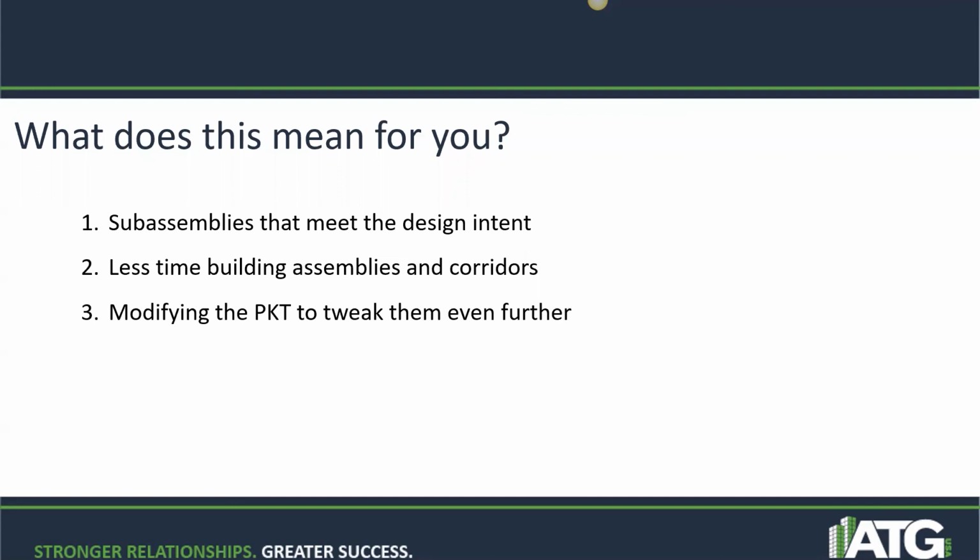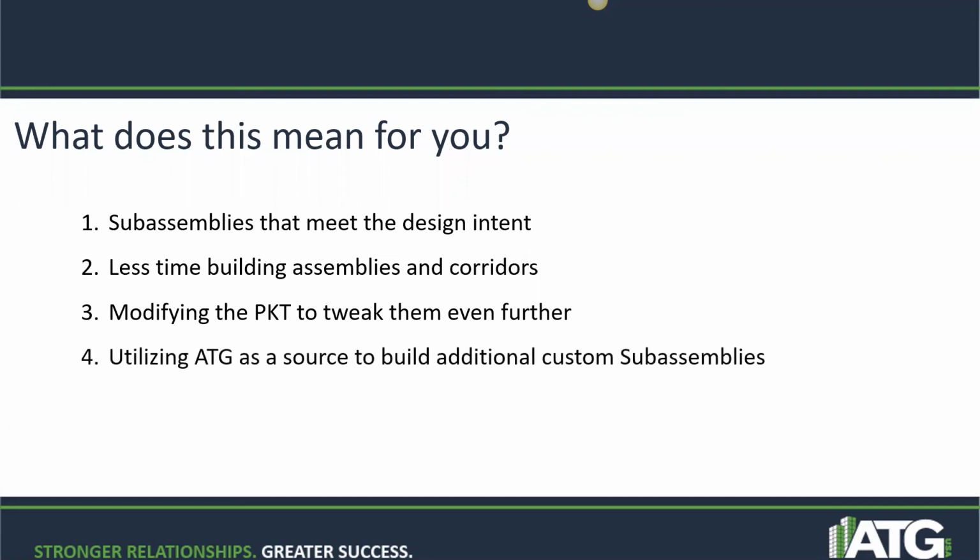And then finally, you can utilize ATG as a source to build additional custom subassemblies. Maybe these 12 got your brain thinking. You said, well, what if we had this? What if we had that? We have the capabilities of building custom subassemblies for you if you don't have the time. Maybe we're talking rail.